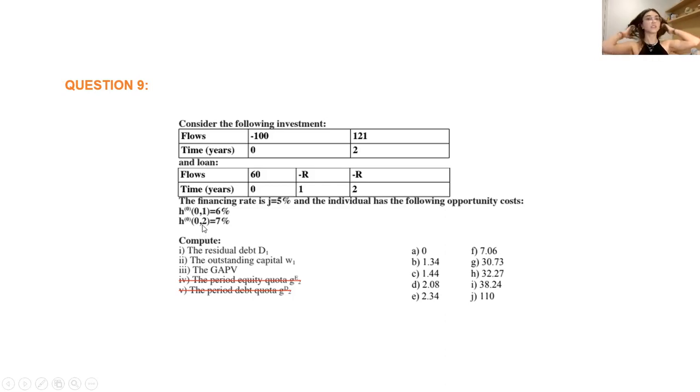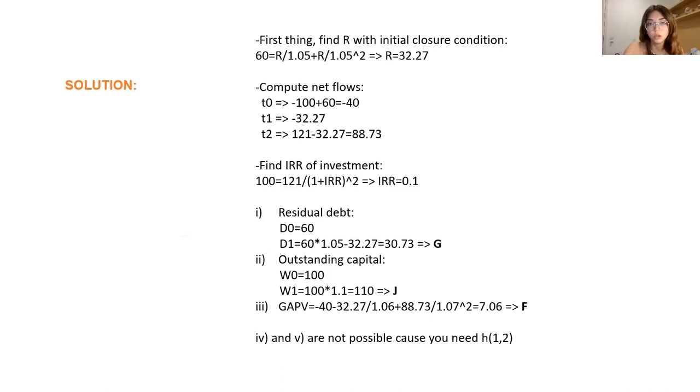So in this exercise, the most difficult part is to be sure that you always pick the right rate. Don't be confused between the financing rates, the opportunity costs from 0 to 1, from 0 to 2, and the internal rate of return of the investment. Be careful that you use the right rate.